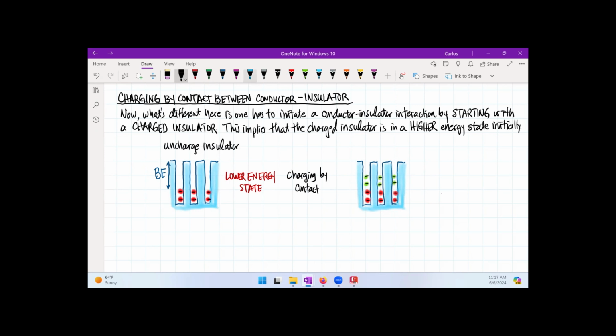So the binding energy of these is now lower. In essence, they are now in a higher energy state.